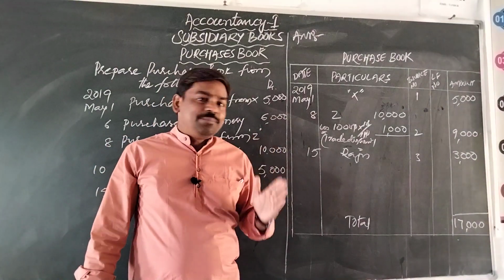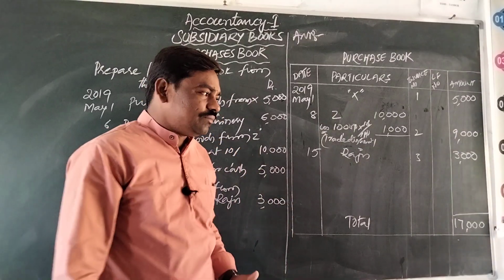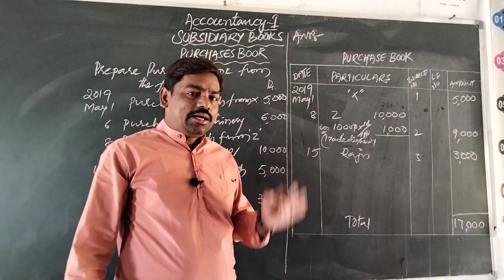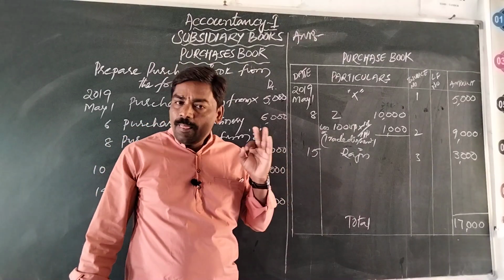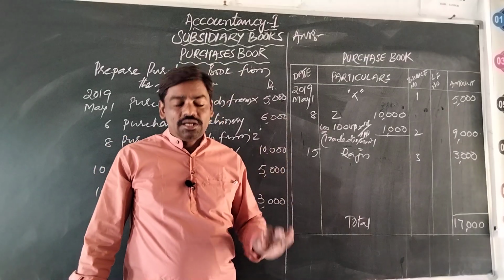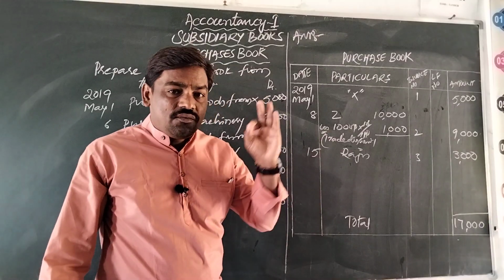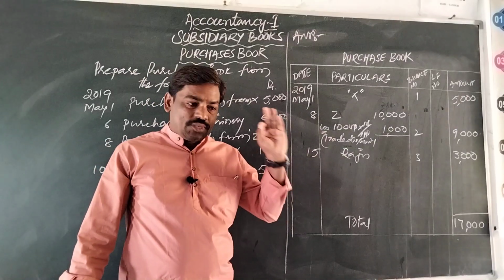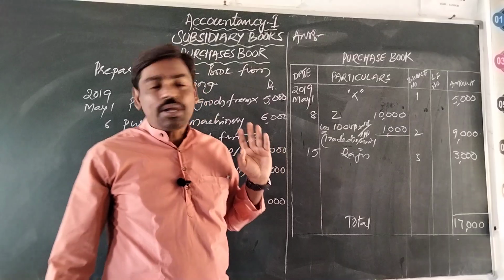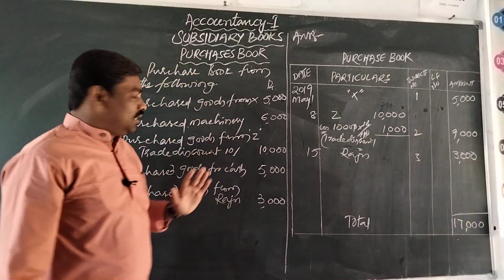Why do we maintain the purchase book in a business organization? We maintain the purchase book to record only credit purchases. We must not record cash purchases and purchases of assets such as land, machinery, buildings, furniture, etc.